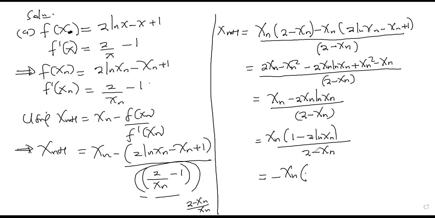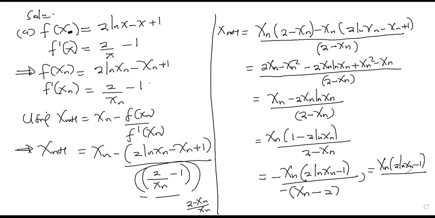It will be -1, then this will be 2 ln xn minus 1, out of, if you move a negative outside here, it will be negative in 2. Now xn will be positive, then 2 will be negative, so -2. Now this negative and negative will cancel, and we shall have our answer as xn plus 1 is equal to xn into 2 ln xn minus 1, everything over xn minus 2. So this is how we come up with the formula that they wanted us to prove.